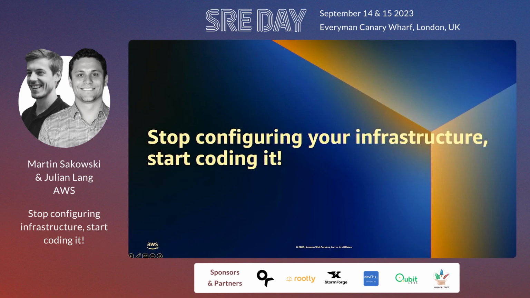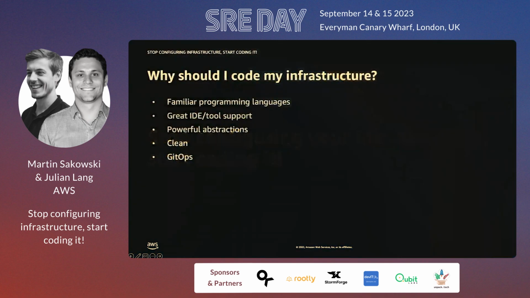Yeah, so looking back at your experience with configuring infrastructures, did you get JSON or YAML phobia? I got that after a couple of years doing that. And if you want to become that infrastructure wizard, then stop configuring your infrastructure and start coding it. It's the best approach for doing that, with many good reasons.